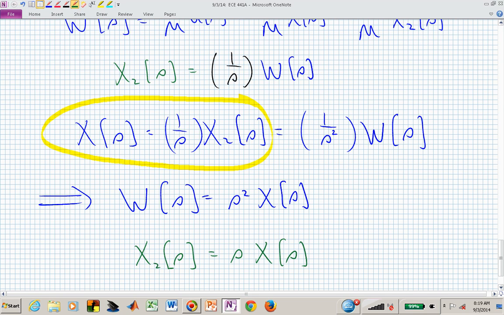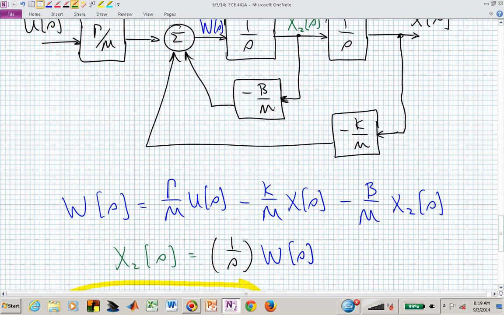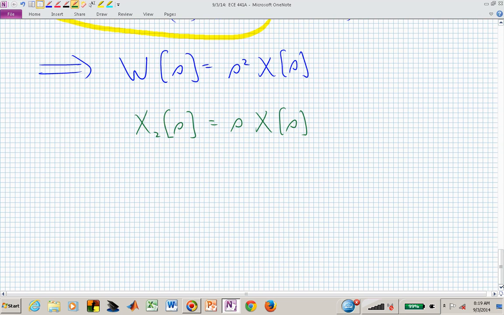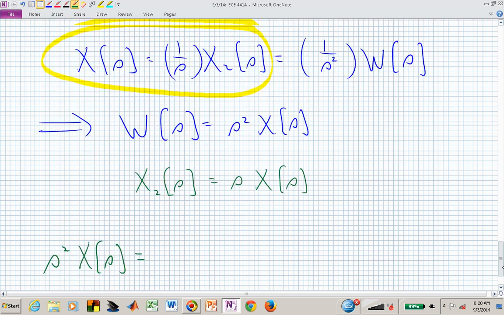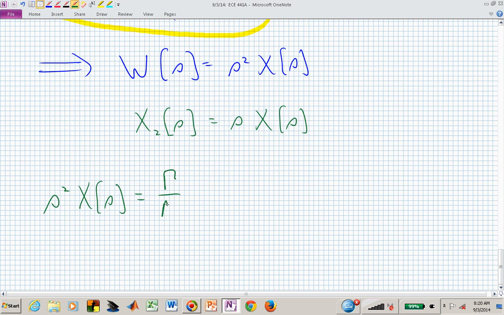function of X. Let me now go back to my first equation right here and substitute for W and substitute for X sub 2 with the newly found expressions in terms of X. On the left-hand side, I had W, so that now I have S squared X of S. On the right-hand side, I had a gamma over m u of s.